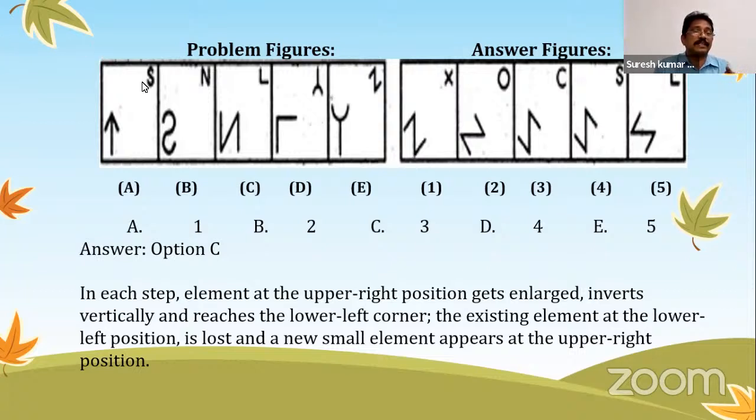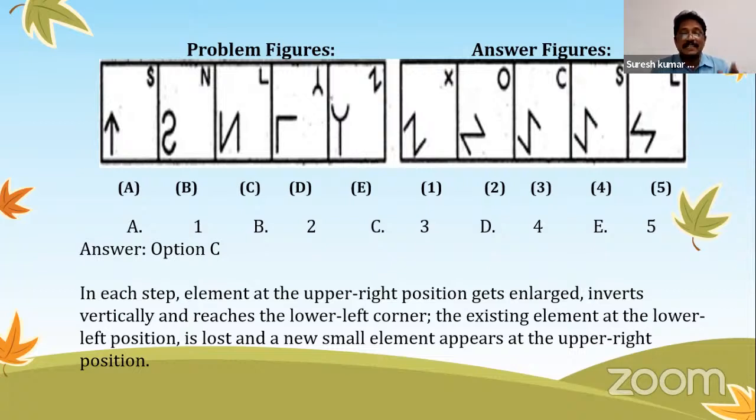This is very important. Here the first one, the letter in the upper right position, is inverted. Simply this S is inverted like this, correct? And it moves into the lower left corner.